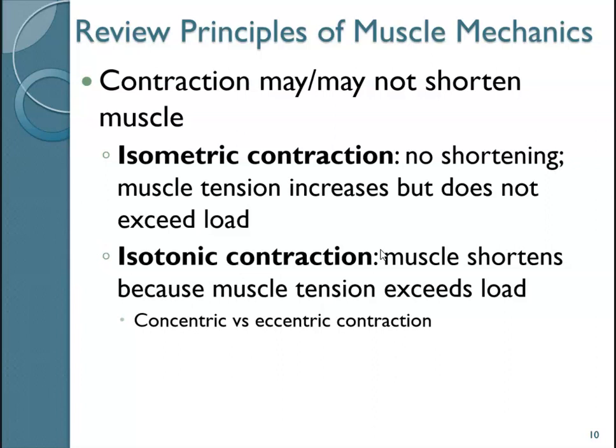So concentric is the primary action. For example, you lift a heavy object, say a 10-pound weight. You did biceps curls, right? You perform flexion. Biceps brachii, of course, is contracting. But when we extend at the elbow with that weight, we still are having contraction in the biceps brachii.